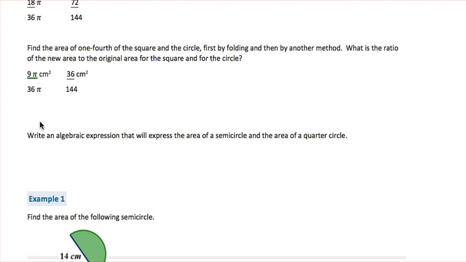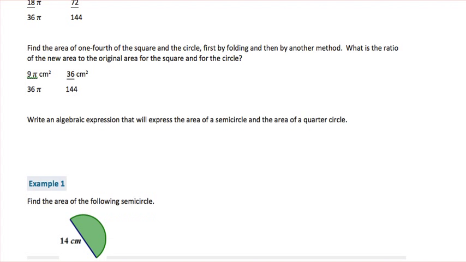And the whole point of our activity then is to write an algebraic expression to express the area of a semicircle and the area of a quarter circle. So a semicircle, which is half of a circle, would be 1/2 times radius squared times pi.